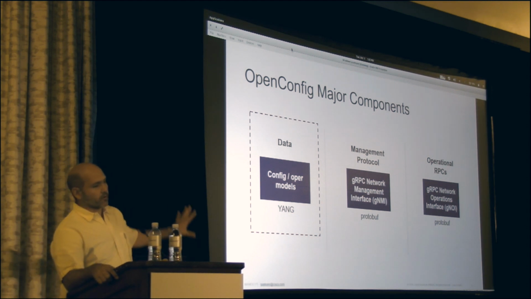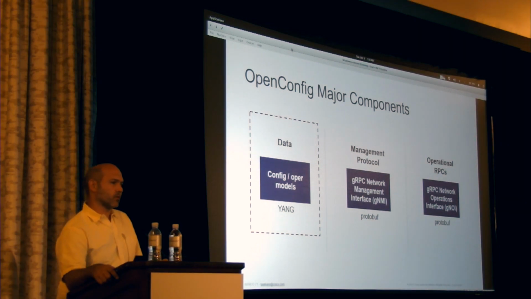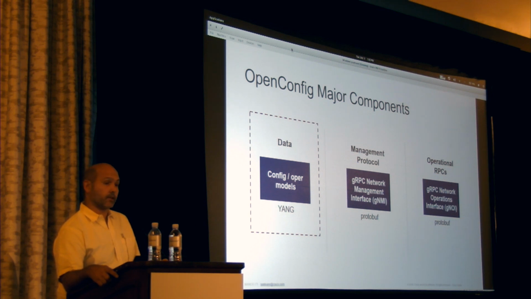That defines data models both for configuration and operational, using YANG as the modeling language, as probably most of you know. It's not only a standards-track modeling language in the IETF, but I think it has also gained enough traction in the industry to become the de facto standard for defining data models for networking.